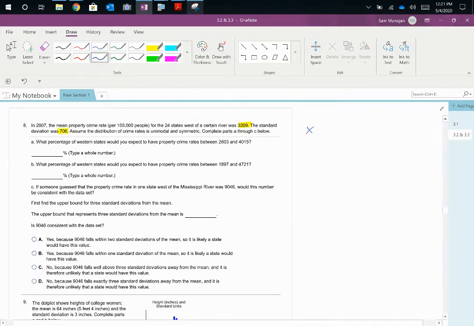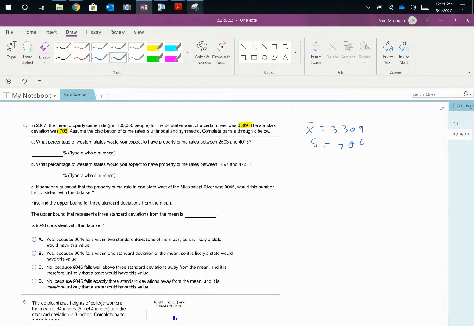So mean is 3,309, standard deviation is 706. What percentage of the states would you expect crime rates to be between 2603 and 4015? So we have to do a little bit of work here.